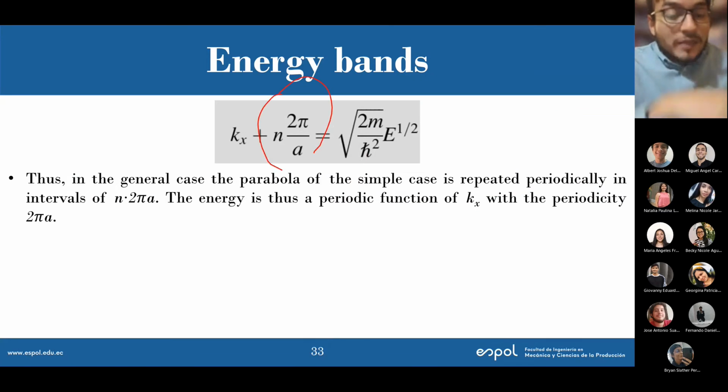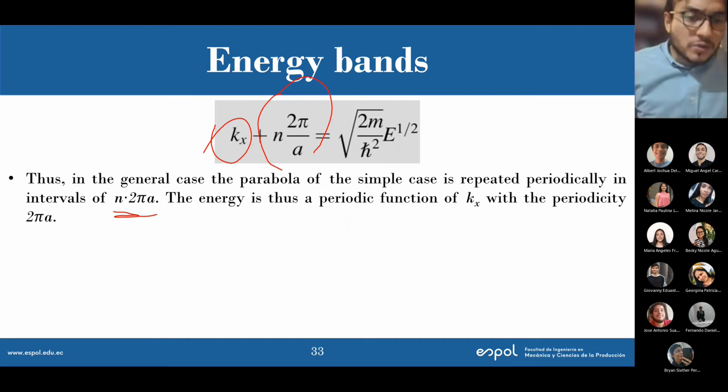Okay. So in this general case, the parabola is being repeated periodically in intervals of n2 pi over a. Therefore, this energy is a periodic function of the wave vector with a periodicity of 2 pi over a.